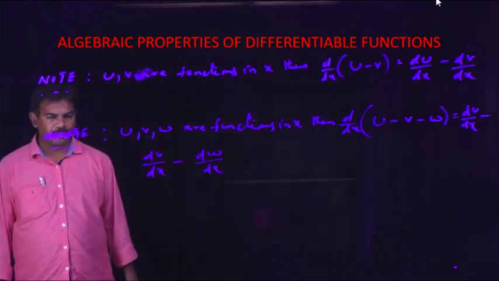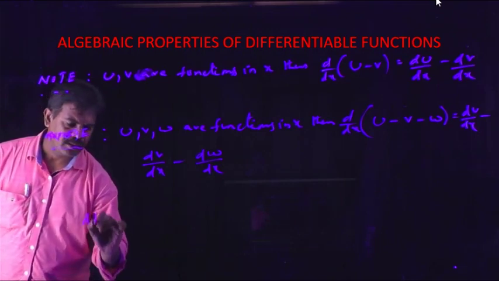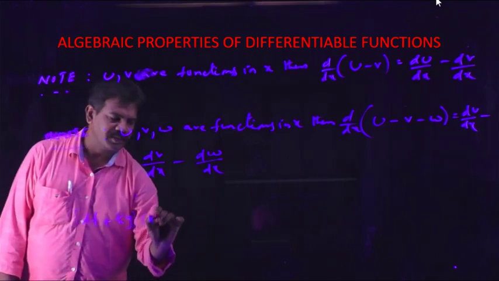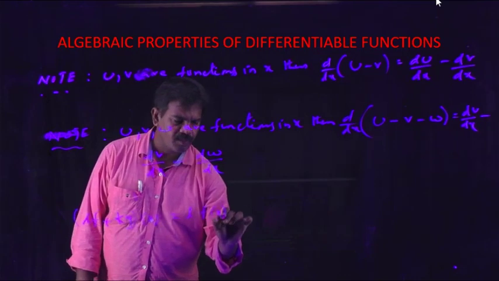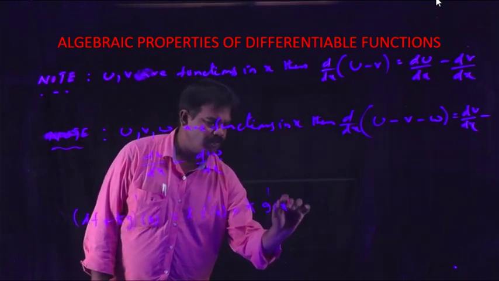Another algebraic property is (lf plus kg) dash of x is equal to l into f dash x plus k into g dash x.